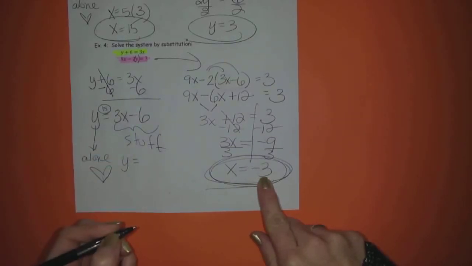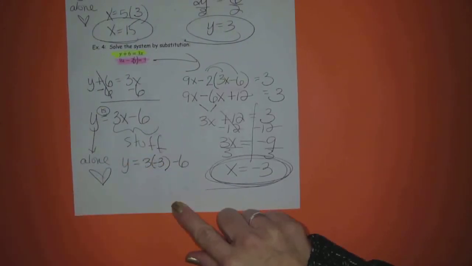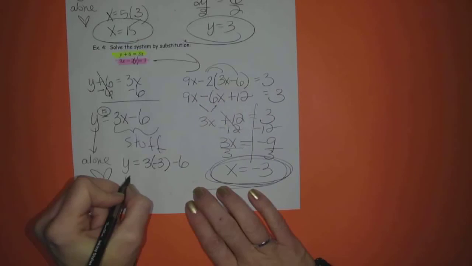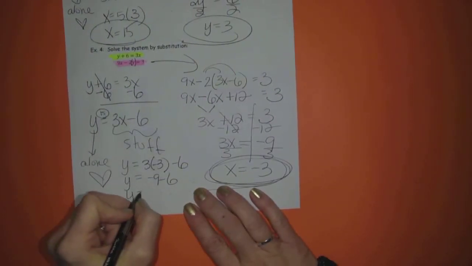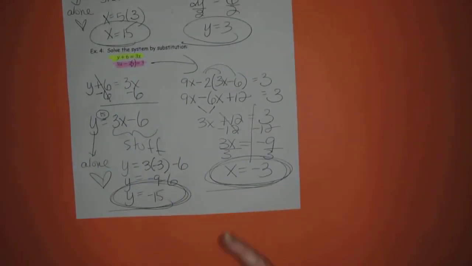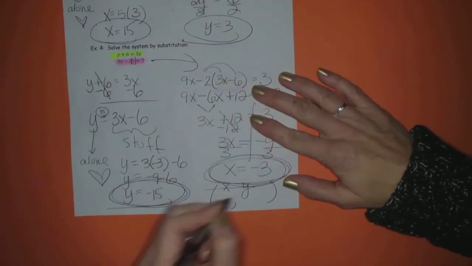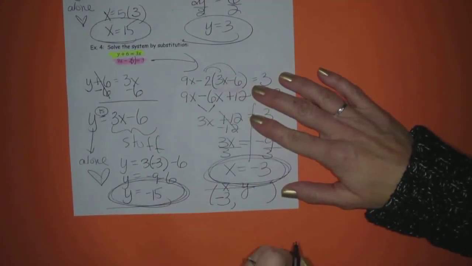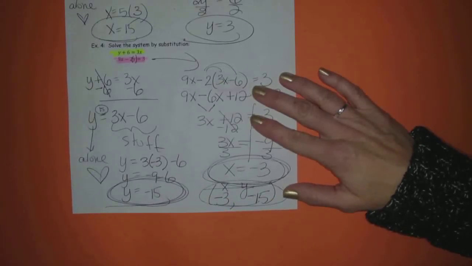Y equals 3 times negative 3 minus 6. Y equals negative 9 minus 6. So y equals negative 15. As a solution, as an ordered pair, your final answer to this problem, negative 3, negative 15. The end. So great work.